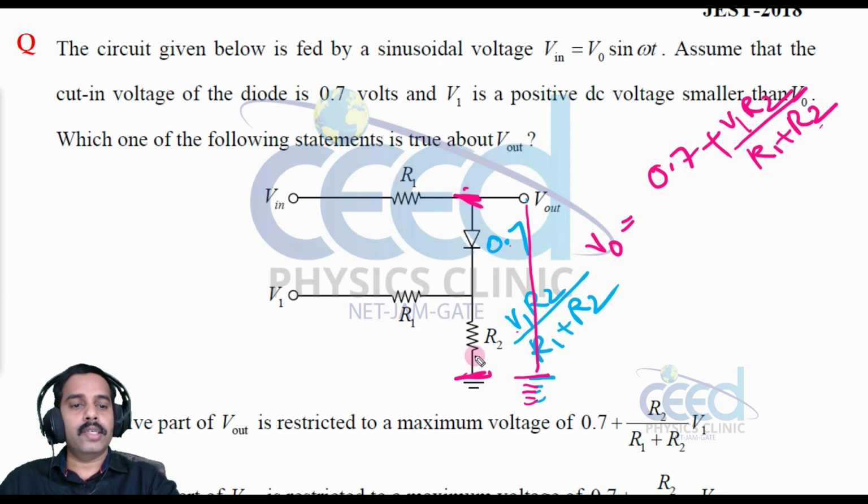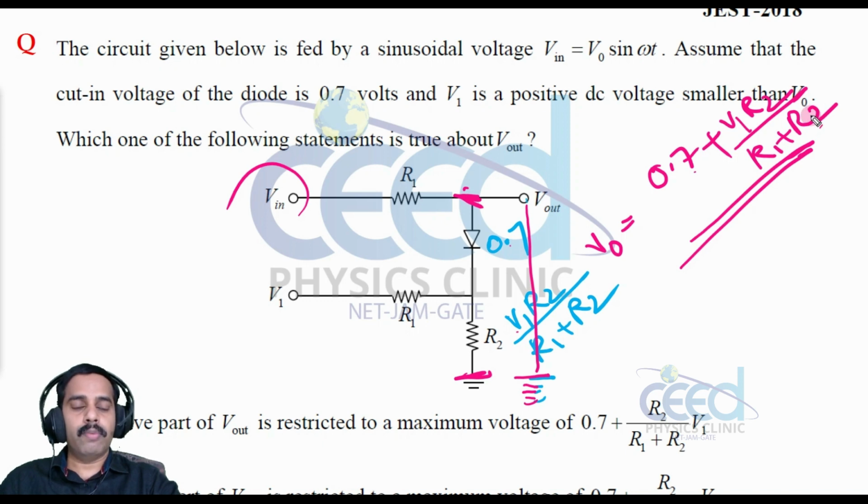So now at the 0.7 volt cutoff condition, when the applied voltage at the input is greater than 0.7 volt, then the maximum restricted value we can have is 0.7 plus V1 R2 by R1 plus R2.